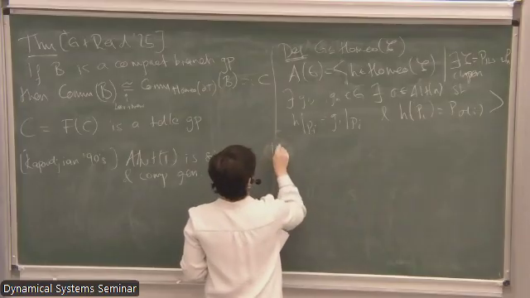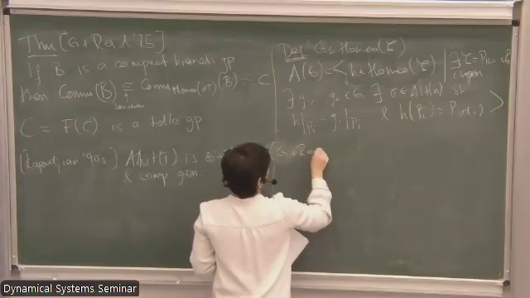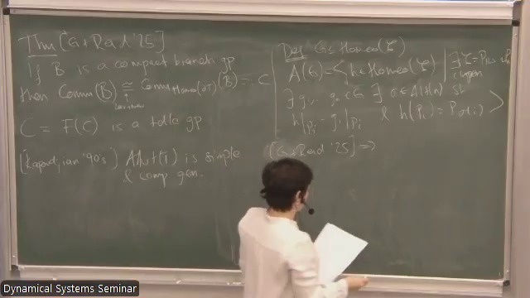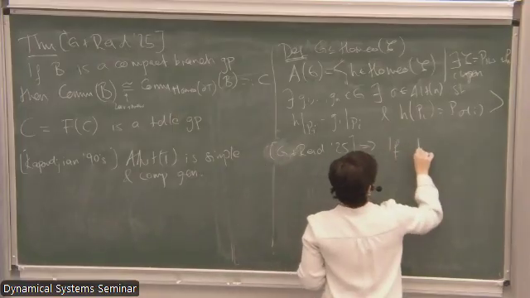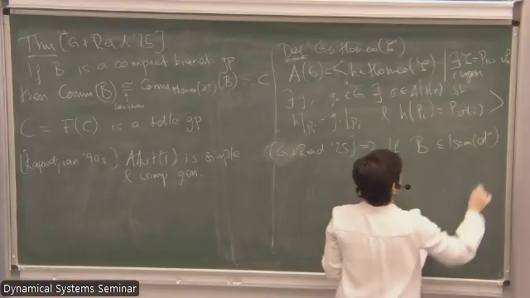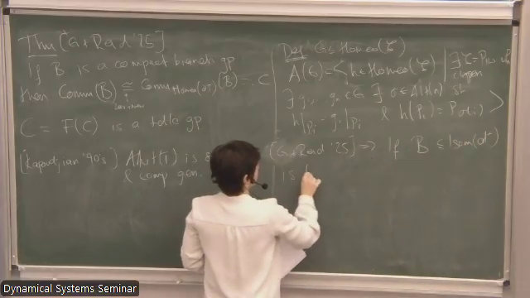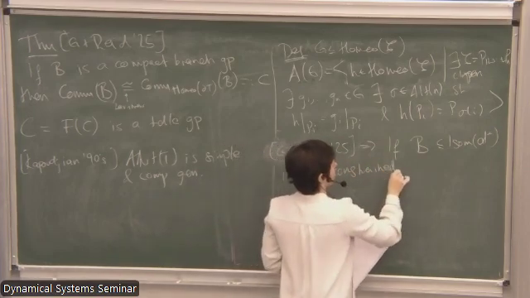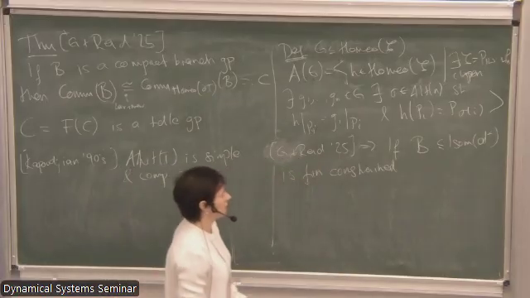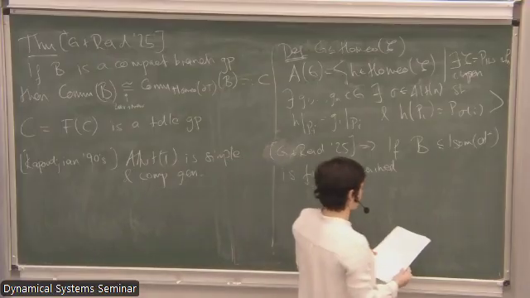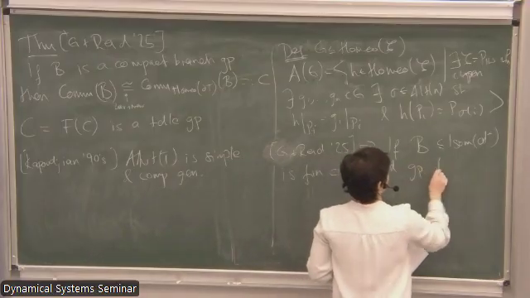Colin Reid and I proved something that implies that if B is one of these finitely constrained groups, for people that know what it means, it's enough to be a regular branch group. But since I haven't introduced that, just think of B as a finitely constrained group.